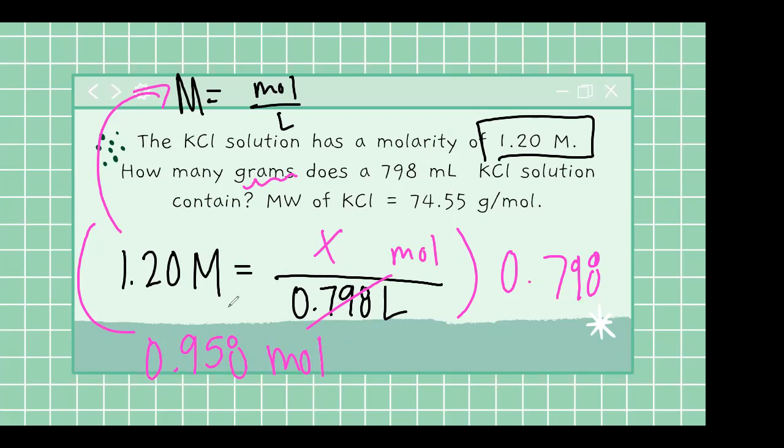Okay, so in order for us to get to grams, use the grams per mole ratio. So 1 mole of KCl is 74.55 grams. And you just multiply these two numbers together in order to get our grams of KCl, right? Okay. Anyone get an answer?